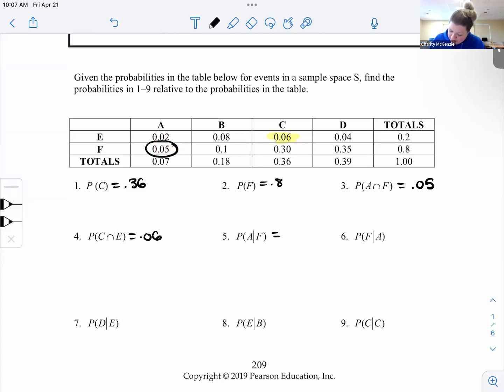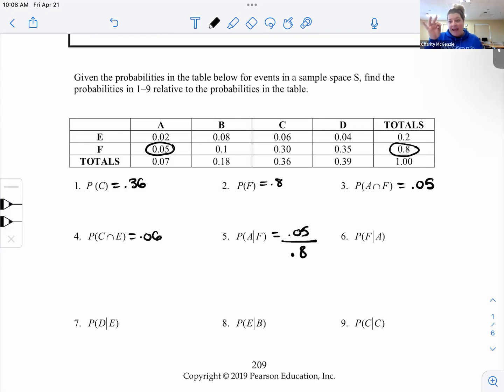That's going to be your top number, 0.05, and the total of F, the 0.8, is going to be your denominator. So where they intersect, I have to erase that each time so we can see. So it's the 0.05 of the A and F, and then you divide it by the total.